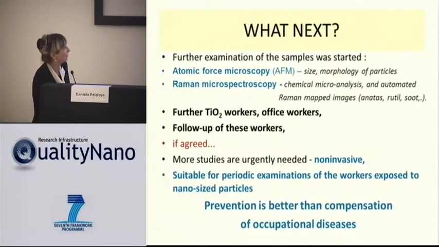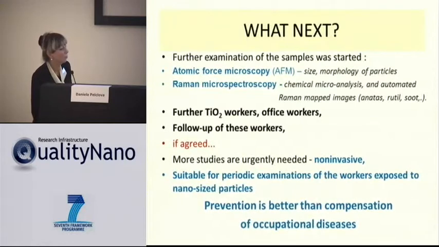So what next? One further study is going on, atomic force microscopy, to analyze the size and morphology of particles of the samples already collected, and also Raman microspectrometry. We have a few results already with anatase and rutile and soot, because both forms of titanium dioxide were present in the plant.